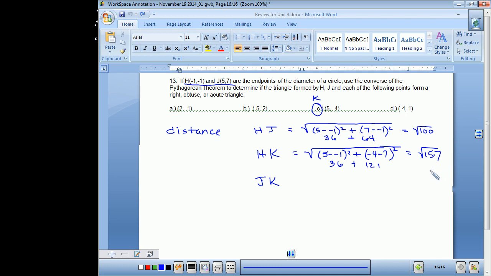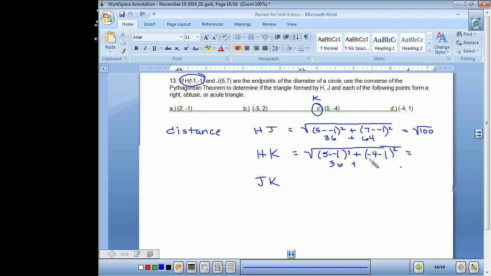Wait, did I not do something right? Oh, I did 5 minus 5. It should be 5 minus 5 equals 0. This should be 1. Sorry, I mixed it up. I'm doing H. And 36 there, plus 9. So this is plus 9.